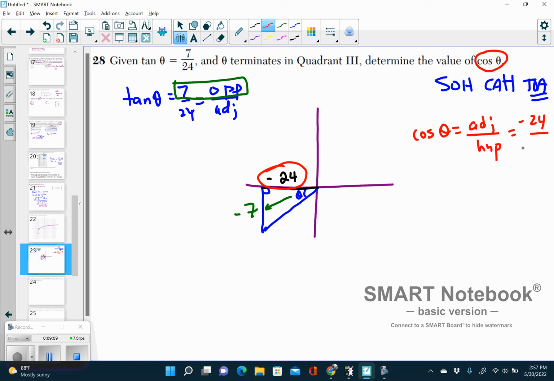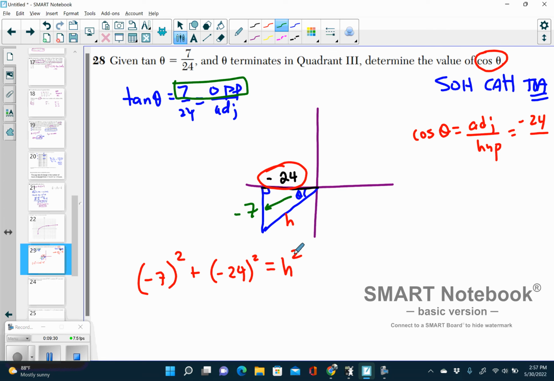So to do that, I need to use the Pythagorean theorem. So I have -7, right? a squared plus b squared, which is -24 squared, is equal to my hypotenuse squared. So hyp squared.